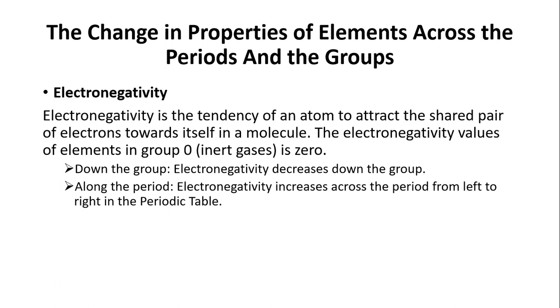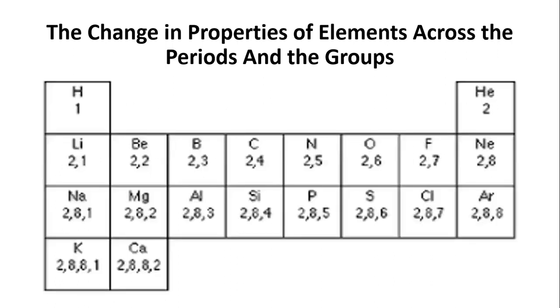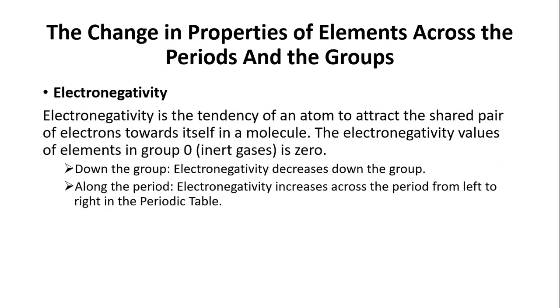So if you are moving from left to right, starting from hydrogen to helium, same as going to the second period, lithium to neon, the electronegativity increases as you move from the left-hand side to the right-hand side. So that's how electronegativity works as one of the changes in the property of the elements across the periods and the groups of the periodic table.